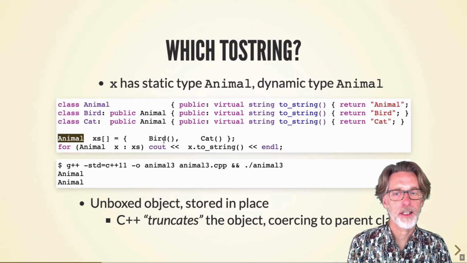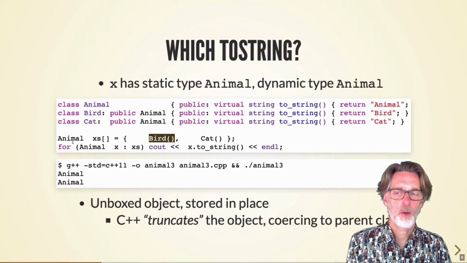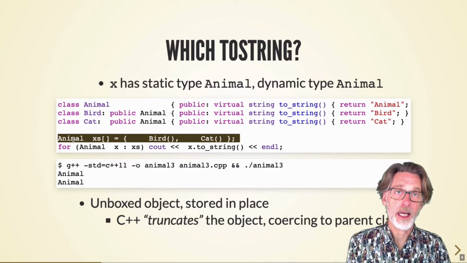And what happens here is because the variable is declared at type animal, C++ doesn't allocate enough space to store all of the data that I could potentially have for a bird and a cat. We only have space for an animal. What happens here is a coercion or a truncation. The object bird is truncated to an animal. So what's stored here in this array is actually animal objects, not bird and cat objects.